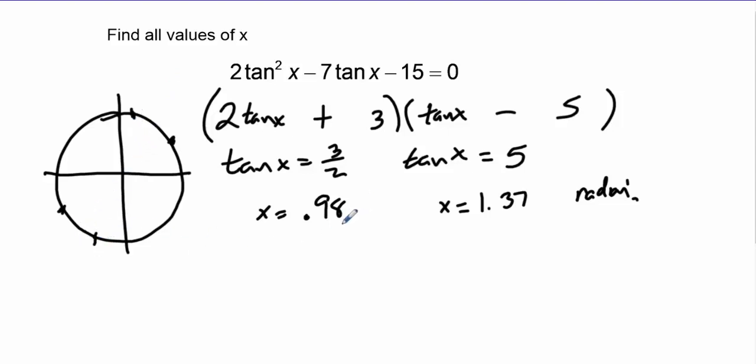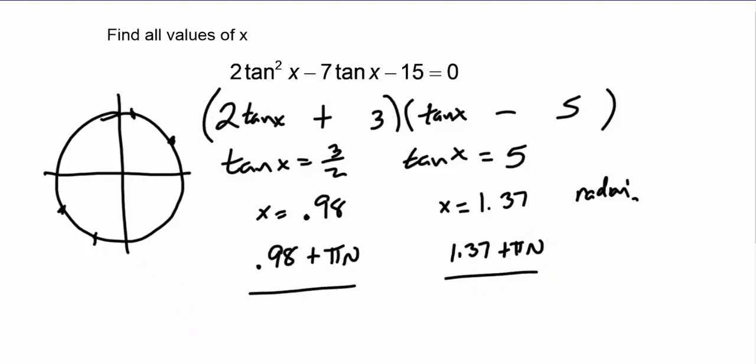So to each of these, we're going to have to add multiples of pi. Basically, if we take 0.98 plus pi n and 1.37 plus pi n, we get all values.